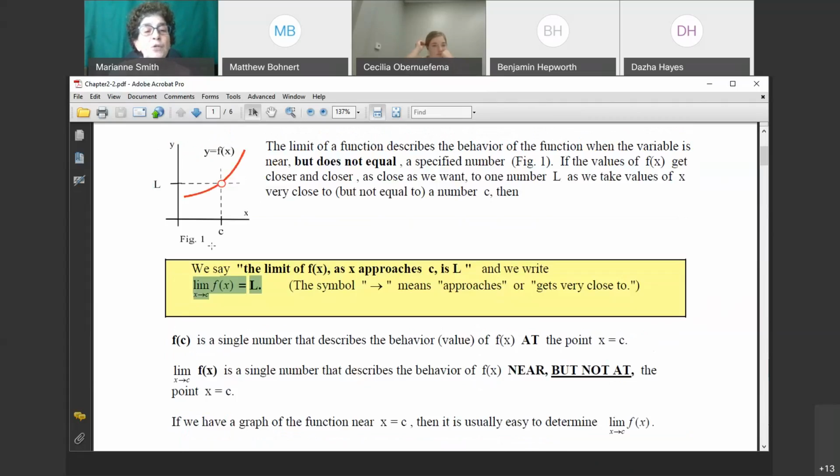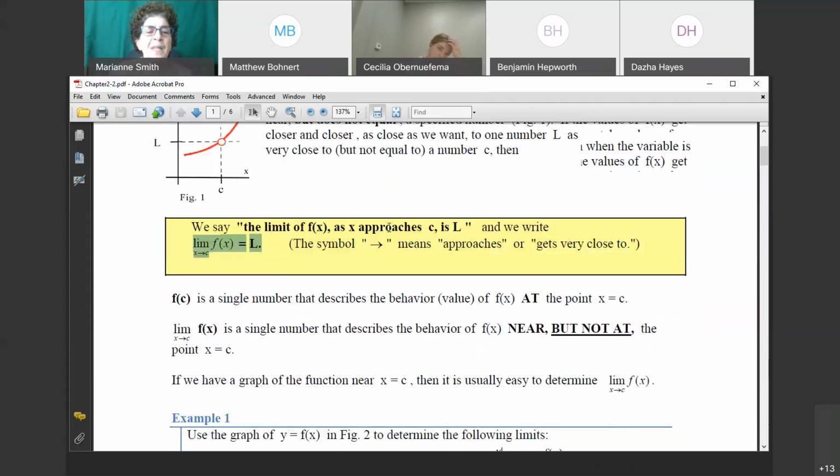But normally, if you're looking at a graph without a hole in it, there's a certain y value there. The limit as x approaches c of f of x is a number, if it exists, that describes the behavior near, but not at, the function value at x equals c. So as we get close, but we're not there.